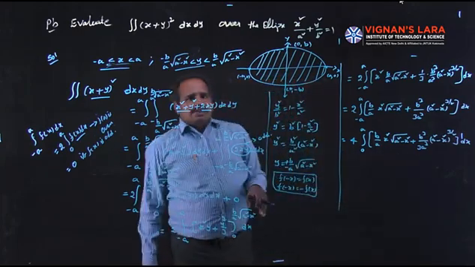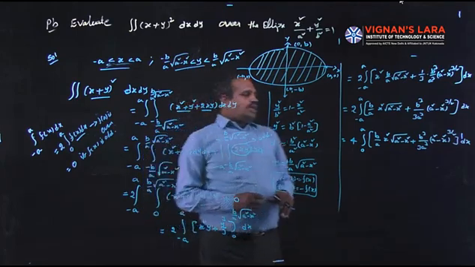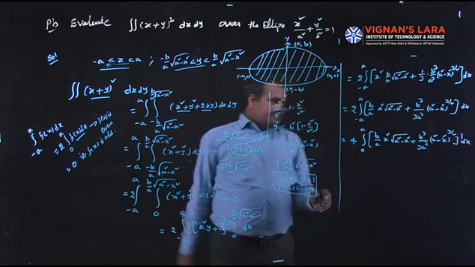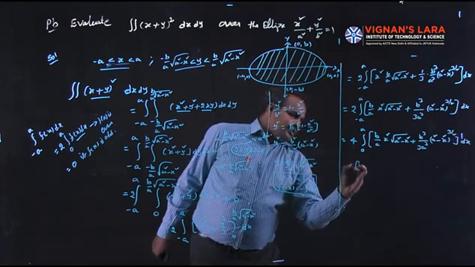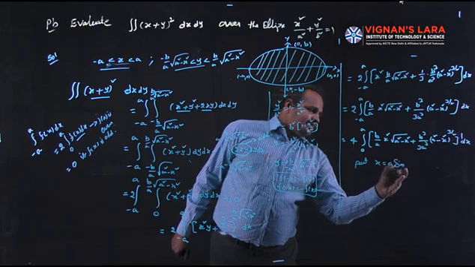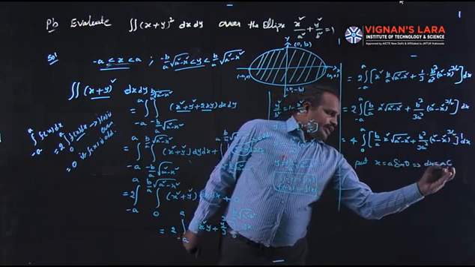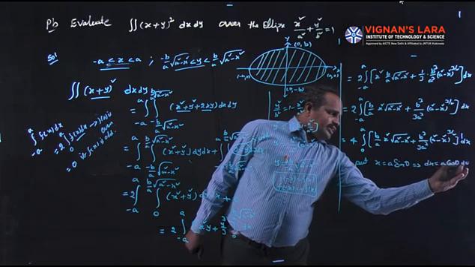For that purpose, here I am using the concept x is equal to a sine theta. So put x is equal to a sin theta, then dx is equal to a cos theta d theta.